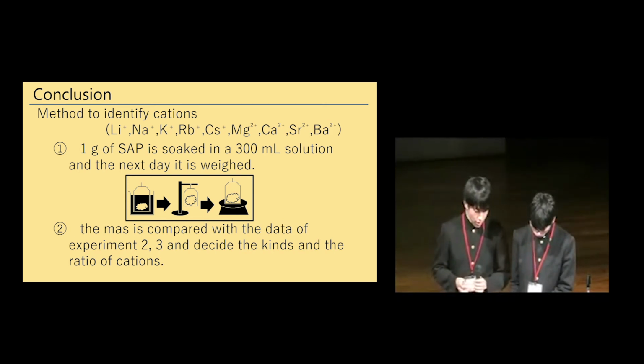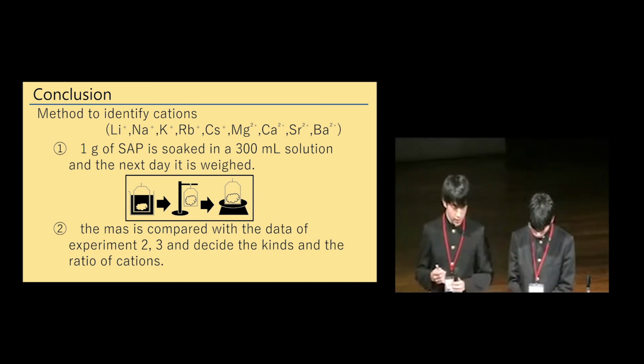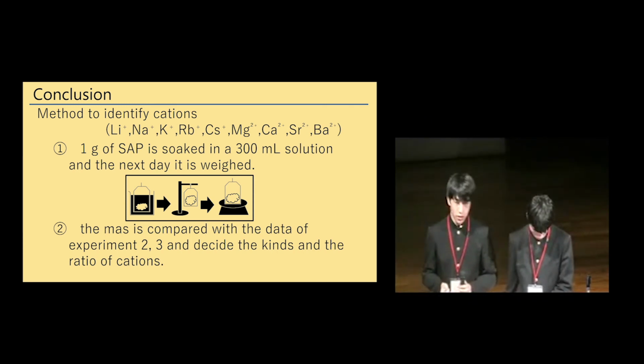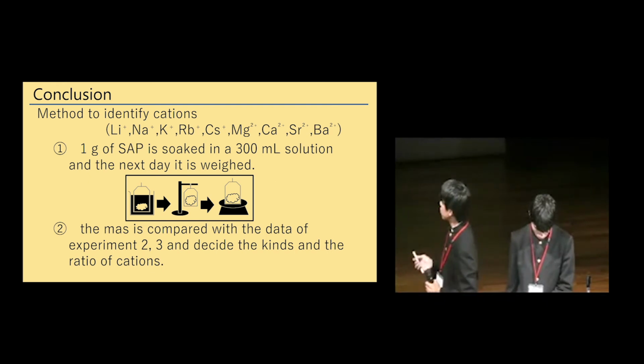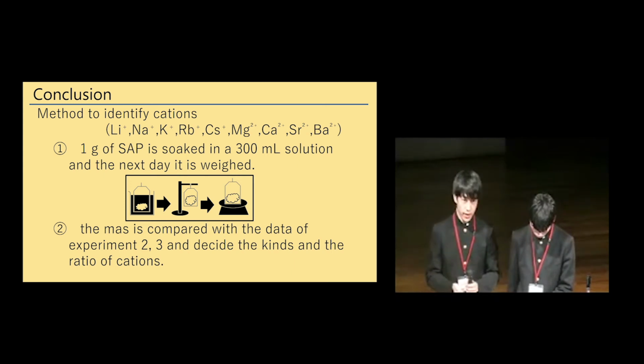First, like the three experiments we showed you before, 1 gram of SAP is soaked in a 300 milliliter solution, and the next day it is weighed. Second, the mass is compared with the data of experiments 2 and 3, and we decide the kind and the ratio of cations.